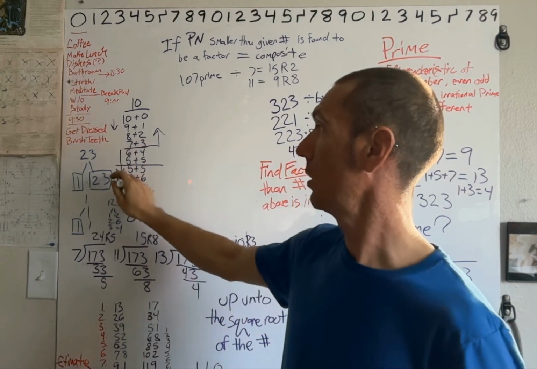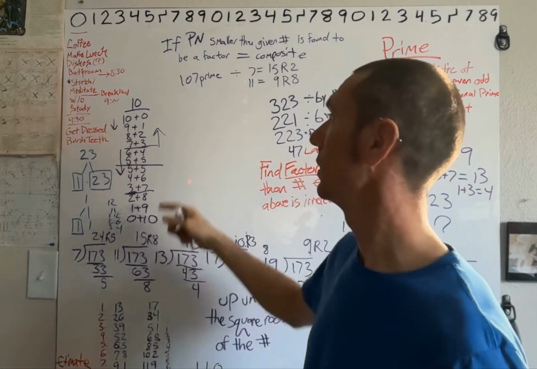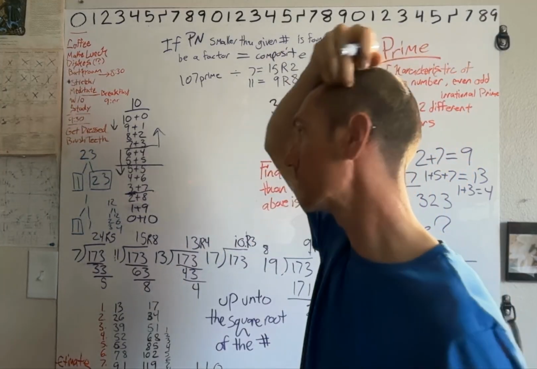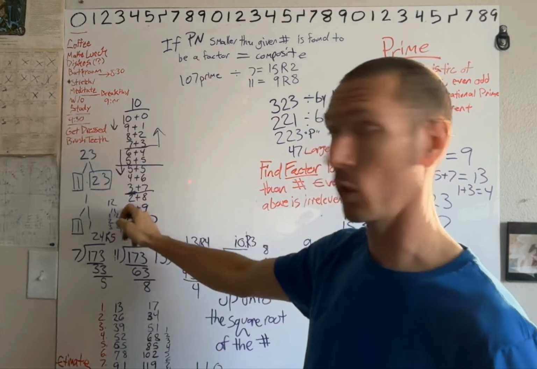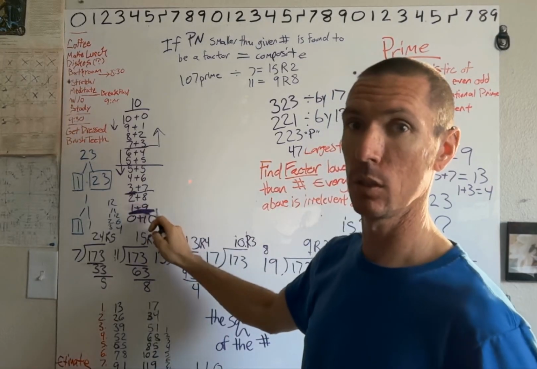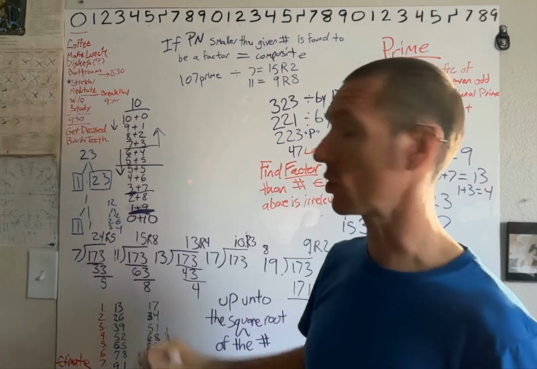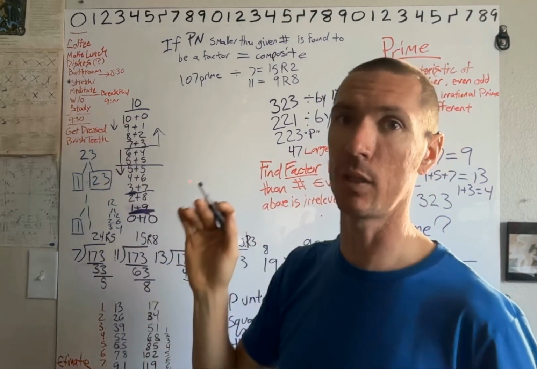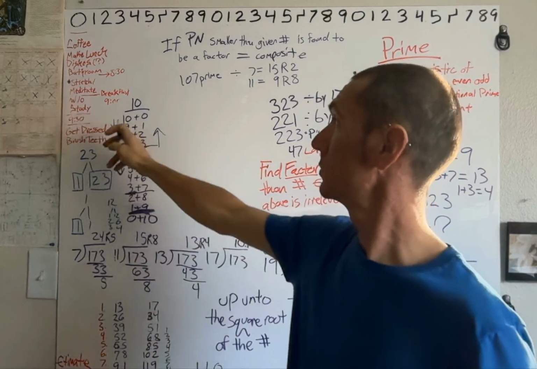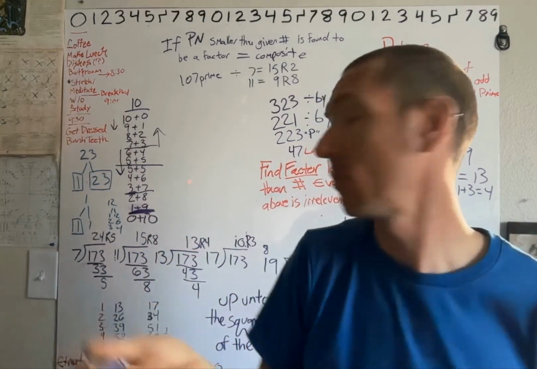So anything above the halfway point is just going to repeat itself. It's already been satisfied. We can keep on going up to 1 plus 9 down here. But we already know 1 plus 9 is 10 because we dealt with 9 plus 1 up here. So if you keep going beyond that halfway point, the partner, like 9 plus 1, 1 is 9's partner to get you to 10.